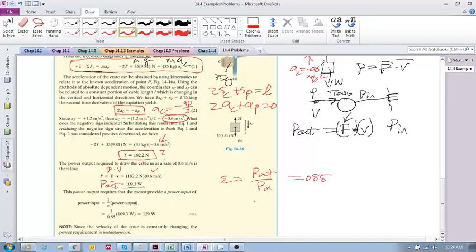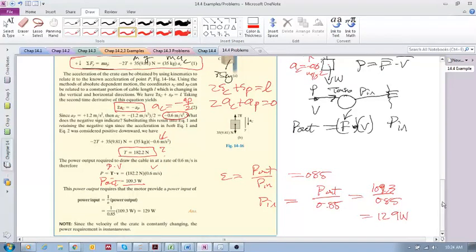So P in is then P out divided by 0.85, which is 109.3 over 0.85. Is this going to be higher or lower? If I divide by 0.85, will it be higher than 109? Yes, 129 watts.